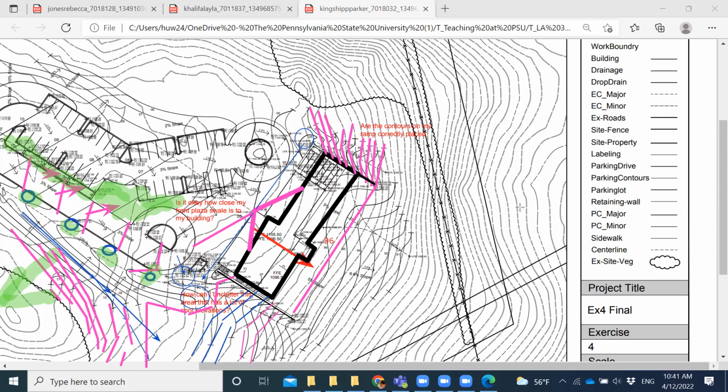So 97, because this area is entirely 96, right? Mm-hmm. So you would have a short wall, the same thing as you designed for the other portion of the ramp. 97 will only be on that ramp. Okay. Kind of makes sense.